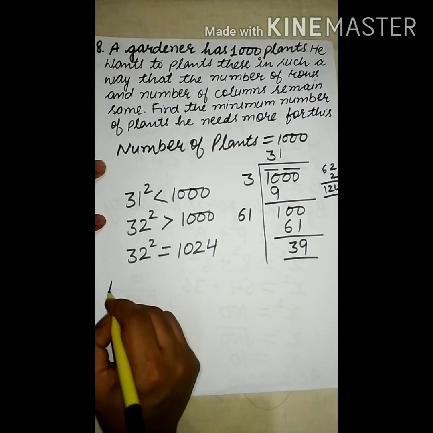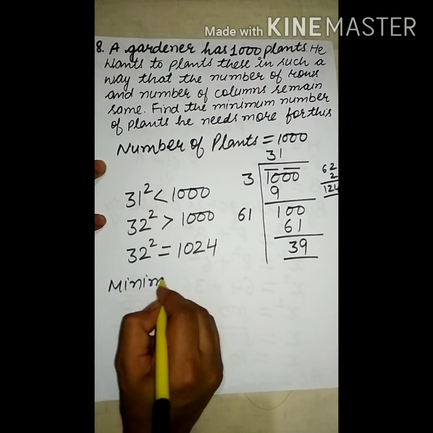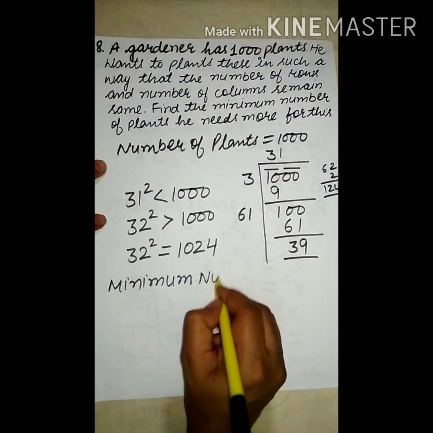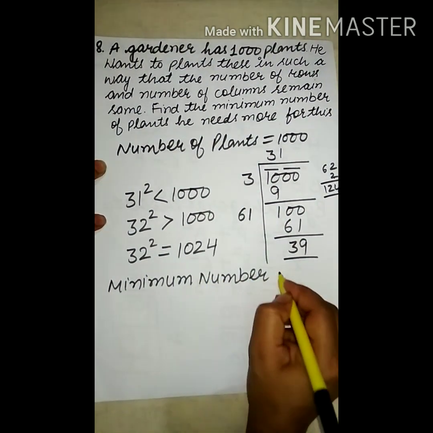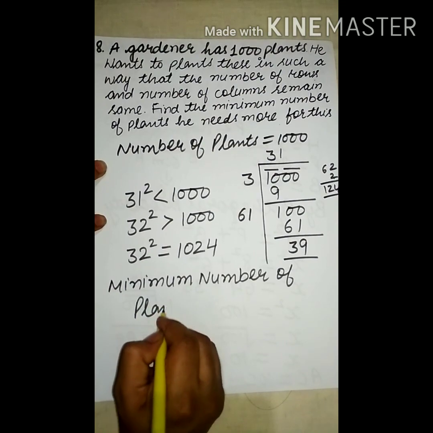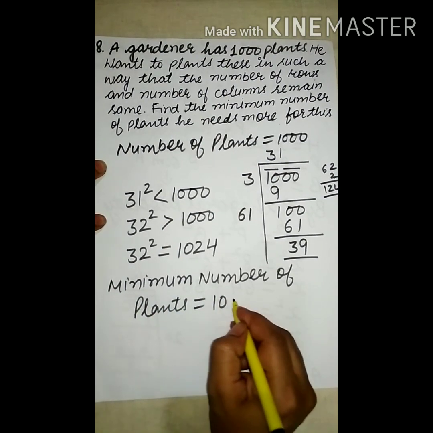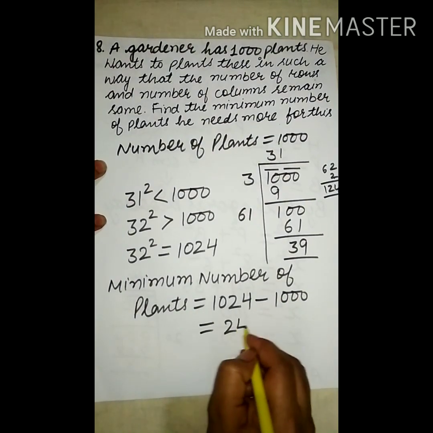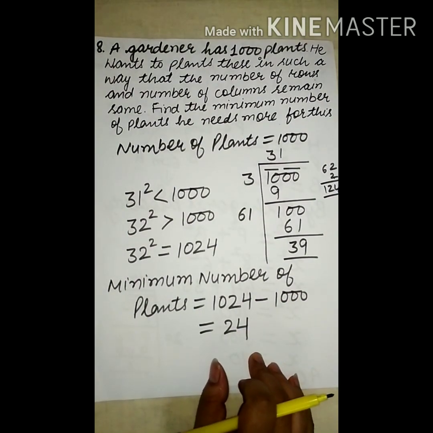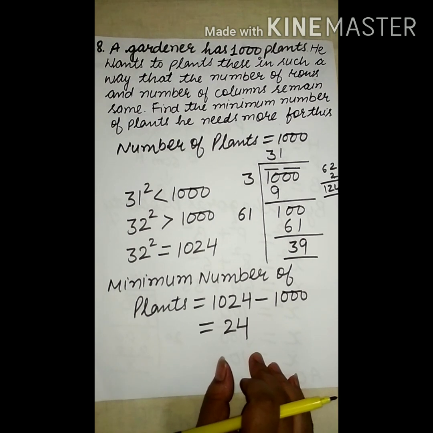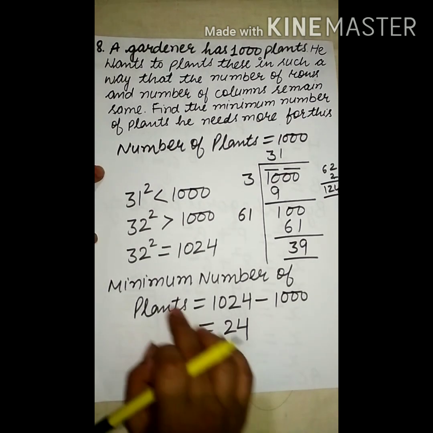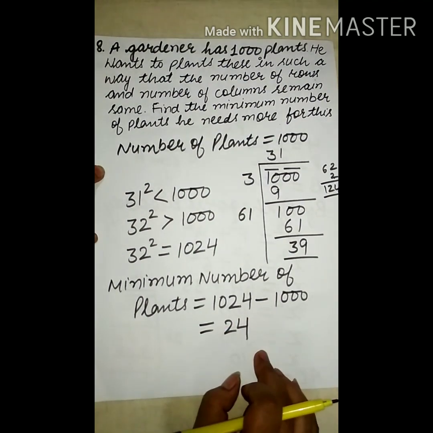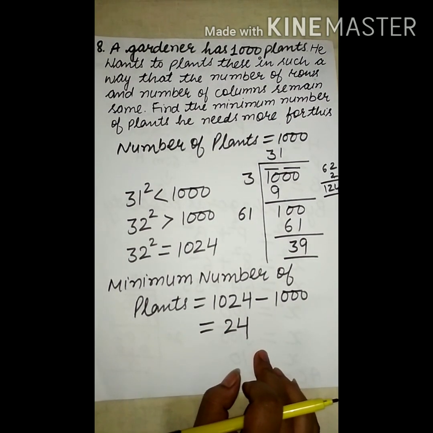It means the minimum number of plants will be equal to 1,024 minus 1,000. That is equal to 24. It means the gardener needs 24 more plants so that the number of rows and the number of columns remain same. Minimum number of plants will be equal to 24, which is the required answer.